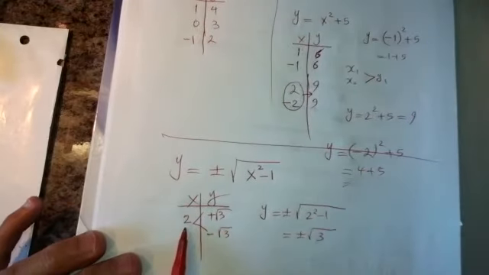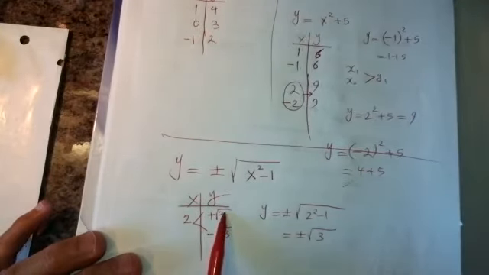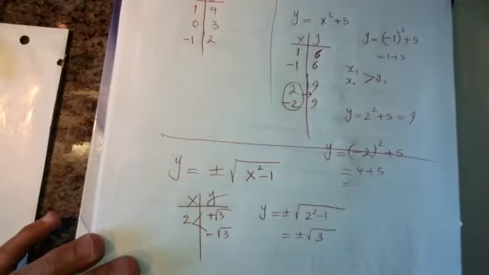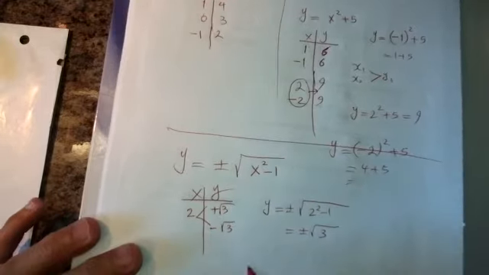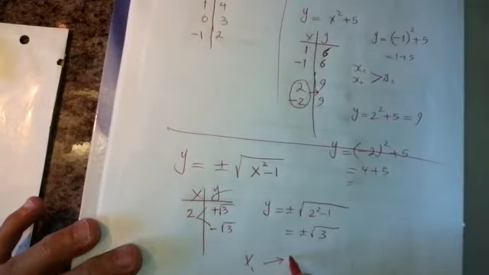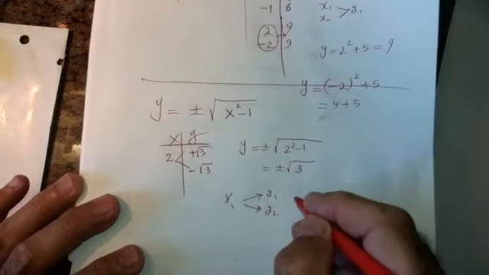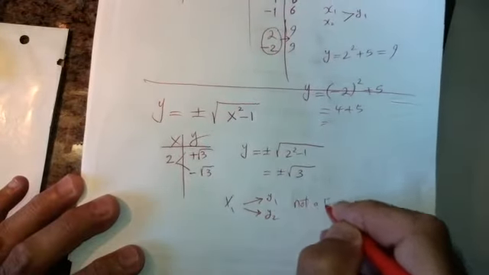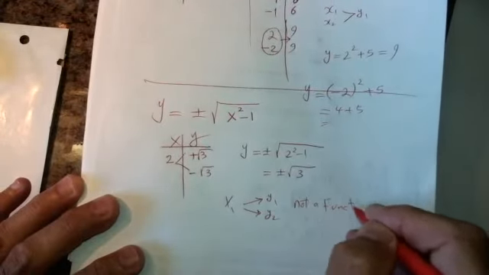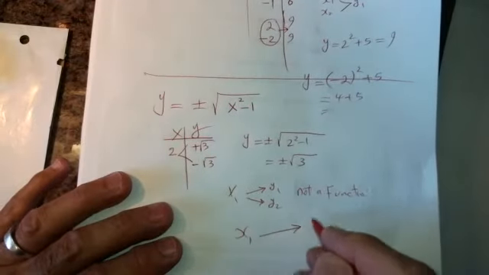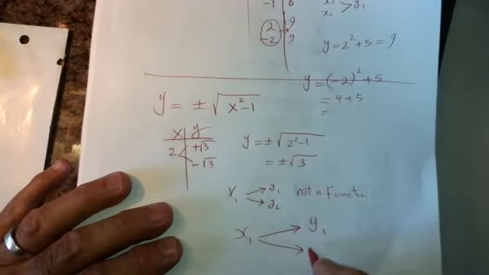For one value of x, you have two values of y. This is not a function. It's not a function if for one x, you come up with two different values of y.